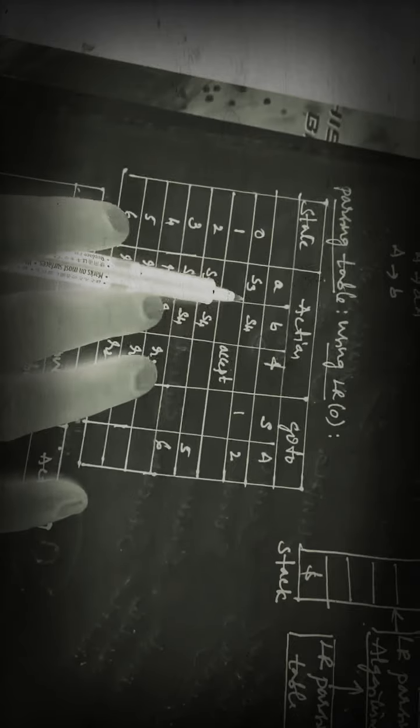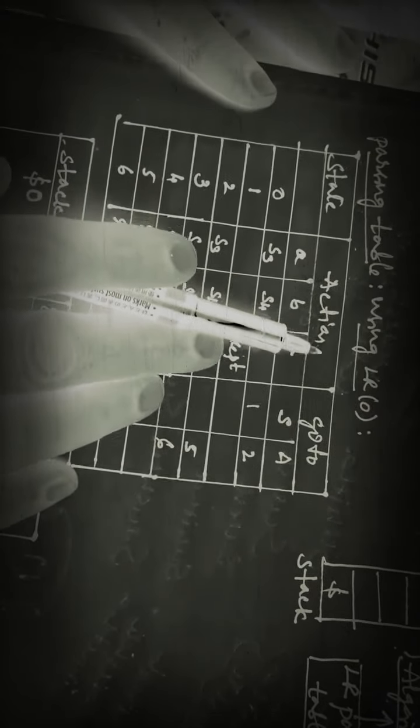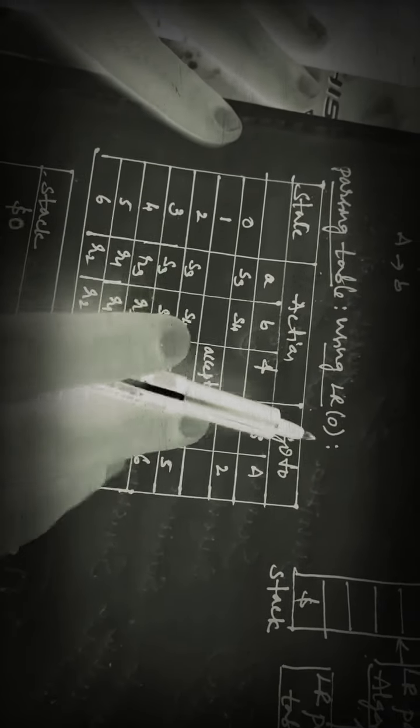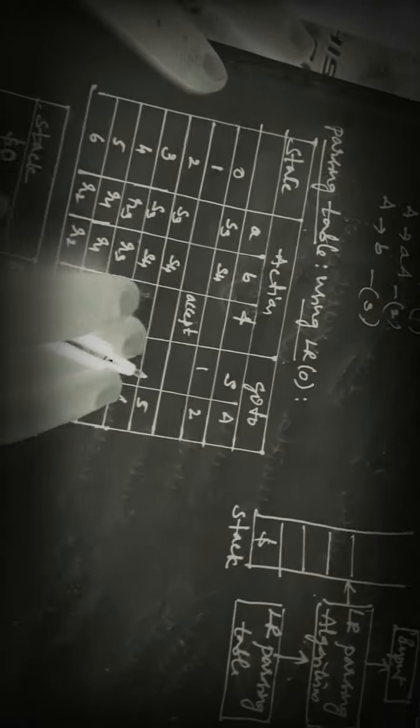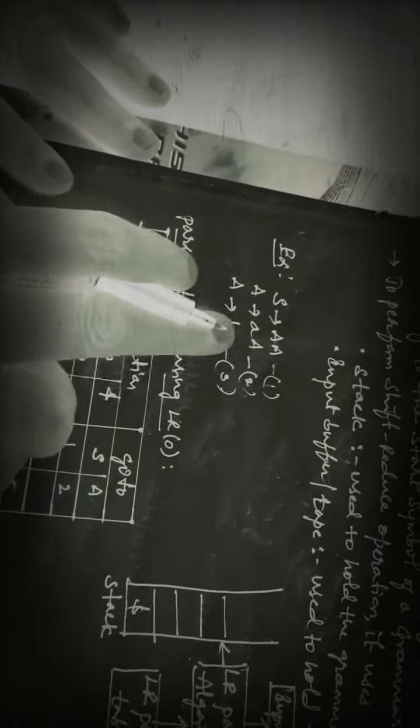Let us discuss here. I have considered the previous parsing table for LR0 for the same grammar. Let us first number these productions. This production is 1, 2 and this is 3. Now first generate the string. You can generate any string.